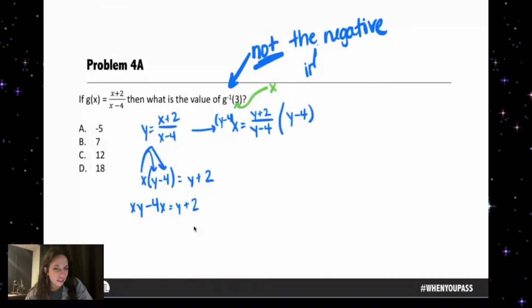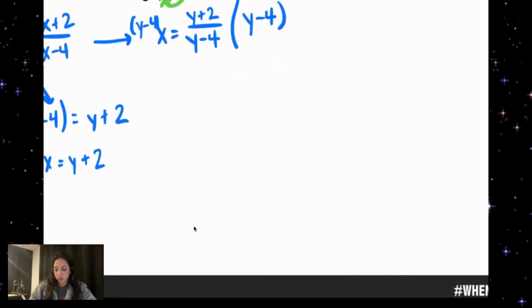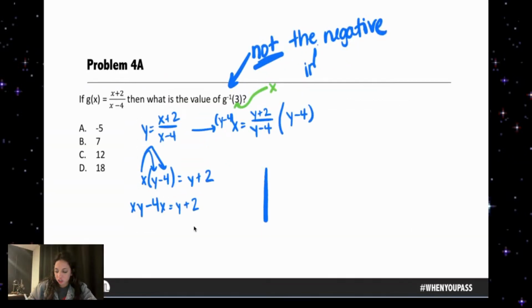And as I sat there and thought, how am I going to get all of my y's together and all of my x's together, because I'm solving for y to be by itself. So here's what I'm going to do. Now I'm actually going to do a hard stop, and I'm going to solve this two different ways at this point. I'm going to show you what I would do just because my brain is algebraic, but then I'm going to show you another way to do it.